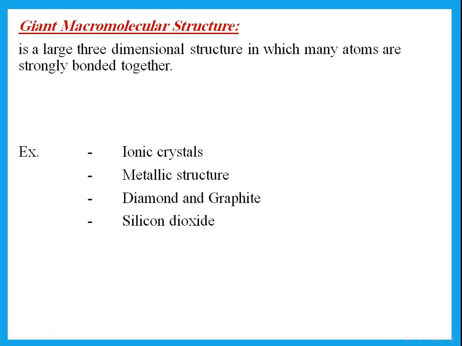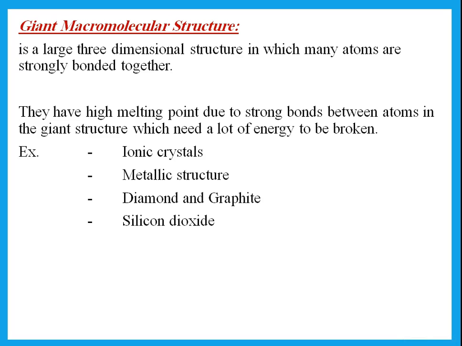Ionic crystals have a giant three-dimensional structure with many positive and negative ions attracted to each other. Metals, we're going to talk about it. This is also giant. Diamond, graphite, silicon dioxide, all of these are giant macromolecular structures. And remember, if something is giant, that means it has high melting point, since it has strong bonds between the atoms or the ions in the giant structure that need a lot of energy to be broken.